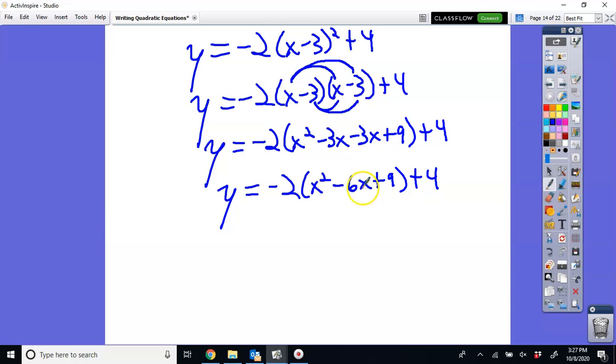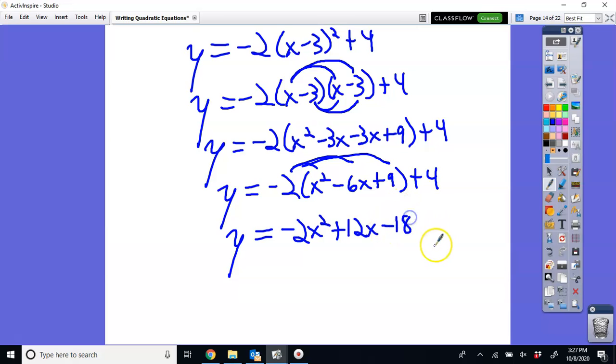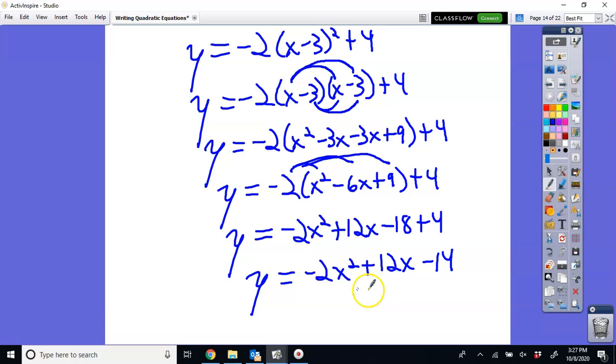But the negative 6x in the middle comes from a little combination of both. But now, if I distribute this negative 2 to all three of these, it gives me negative 2x squared, positive 12x, negative 2 times 9 is negative 18, plus 4, and I can add the plus 4 to the negative 18, and now I have minus 14.